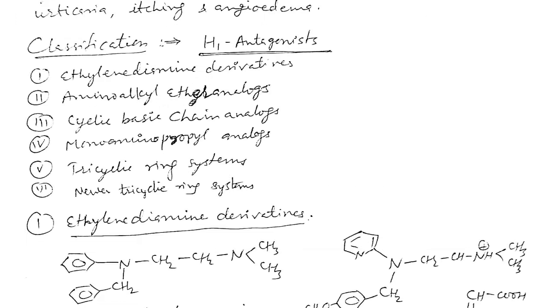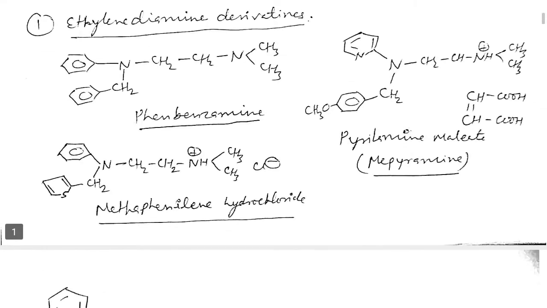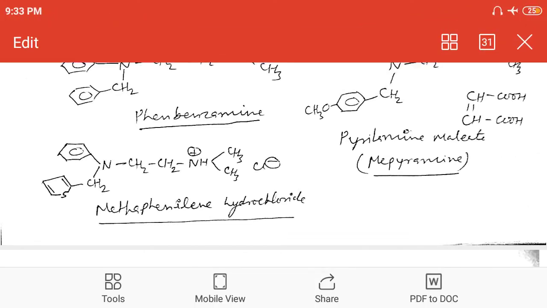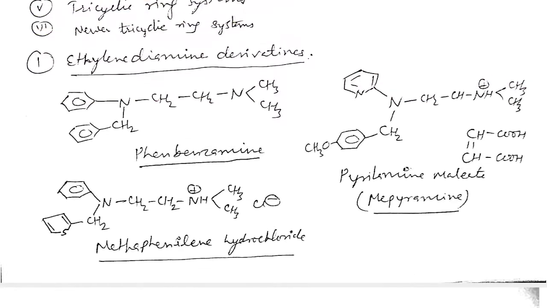So now we will discuss one by one the chemistry. Look at the first category, ethylene diamine derivative. Ethylene group means the CH2 group.